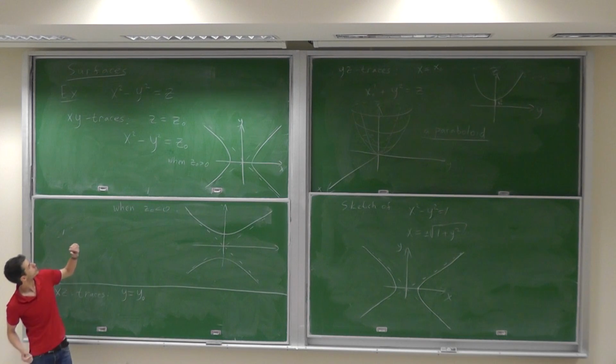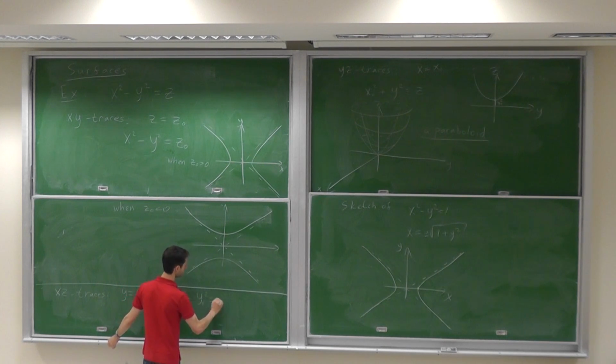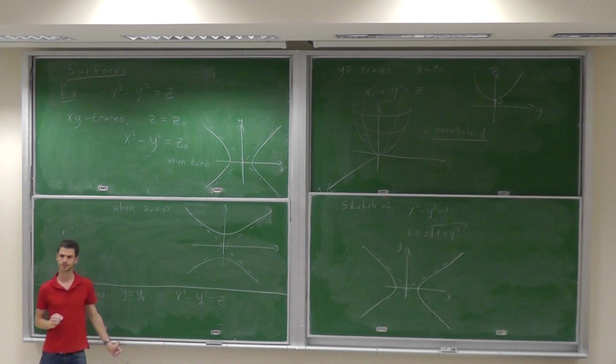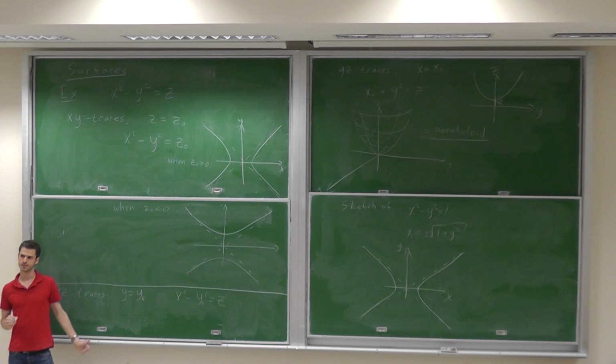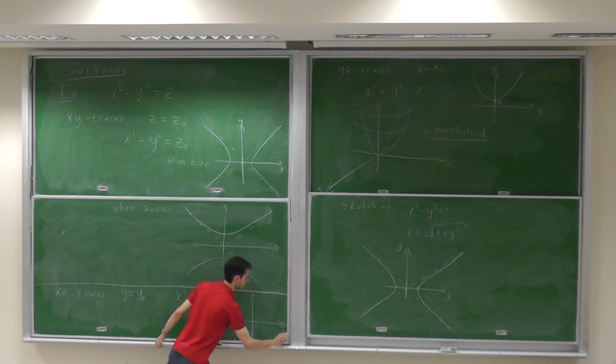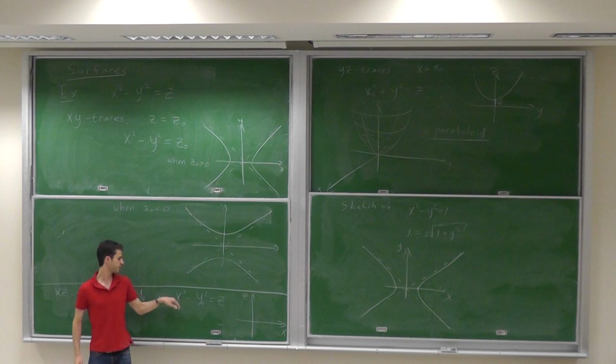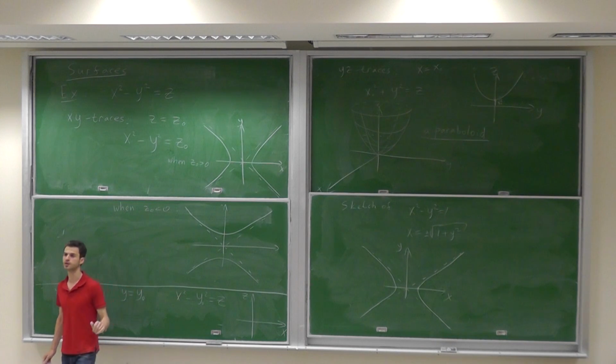Well, let's look at the equation. It's x squared minus y naught squared is equal to z. This is much simpler. So z is x squared minus some number.